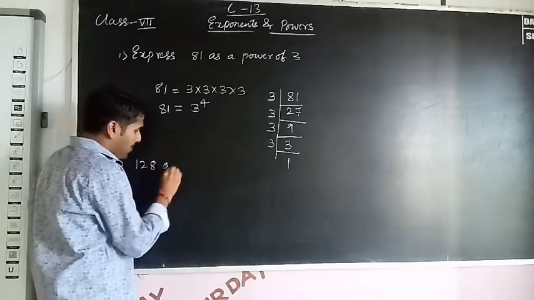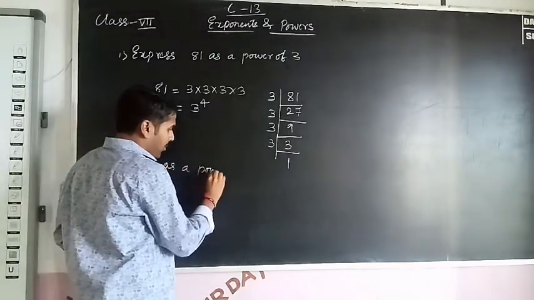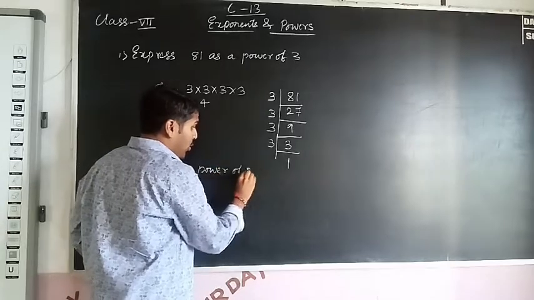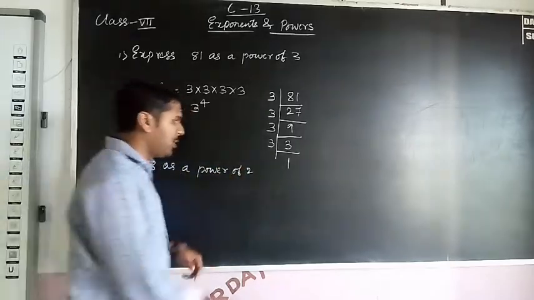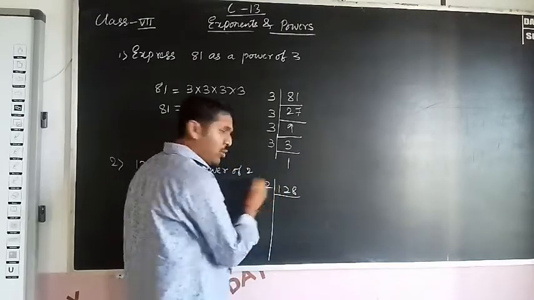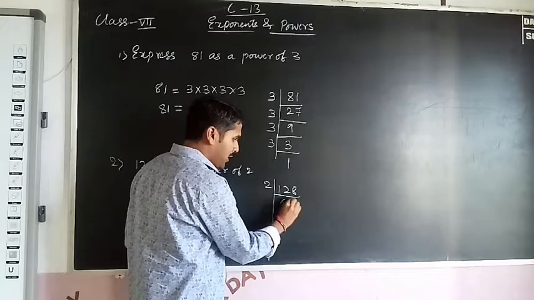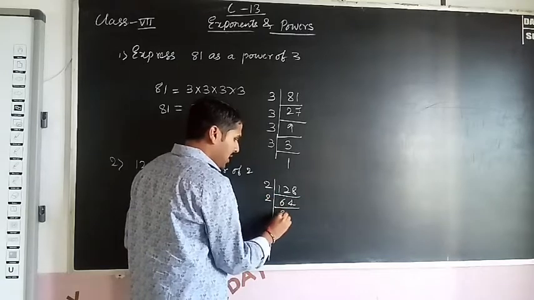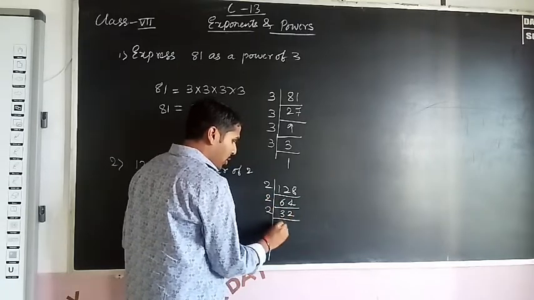128 as a power of 2. Solve this one. 128. 2 64s are 128, 2 32s are 64, 2 16s are 32, 2 8s are 16, 2 4s are 8, 2 2s are 4, next 2 1s are 2.